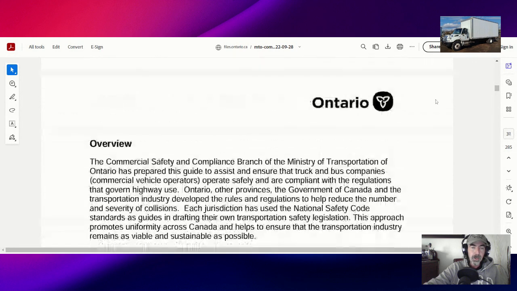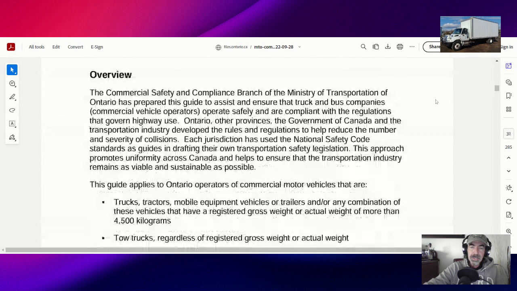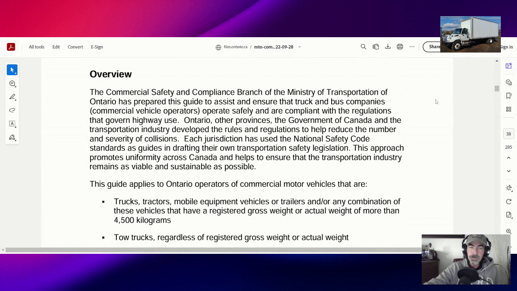Overview. The Commercial Safety and Compliance Branch of the Ministry of Transportation of Ontario has prepared this guide to assist and ensure that truck and bus companies, commercial vehicle operators, operate safely and are compliant with the regulations that govern highway use.